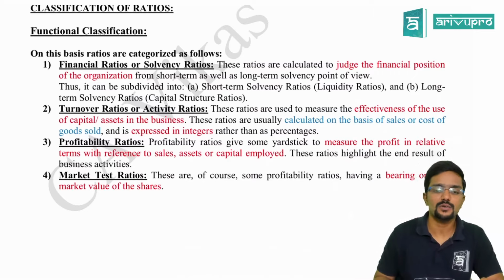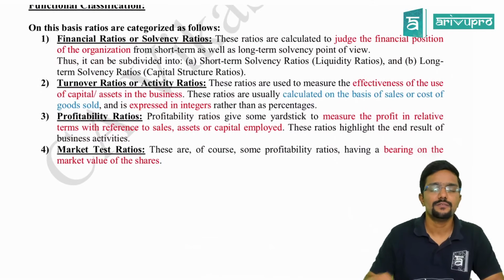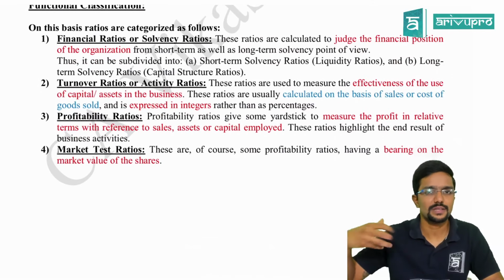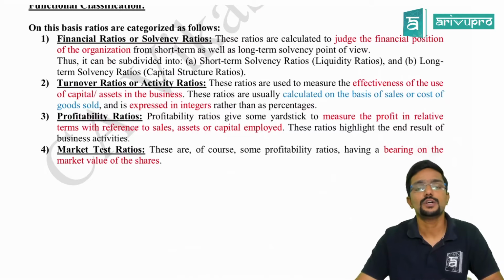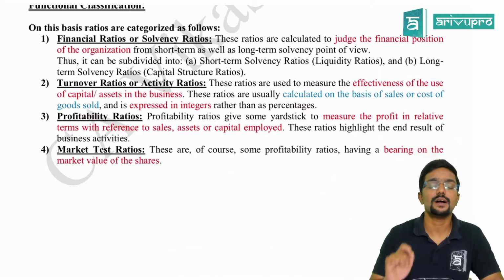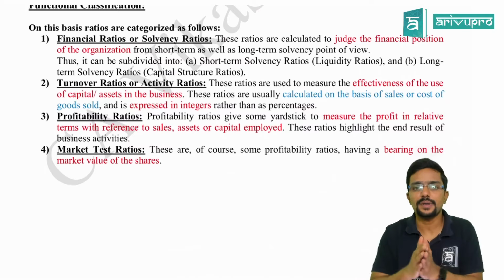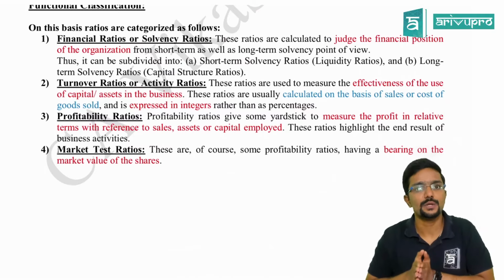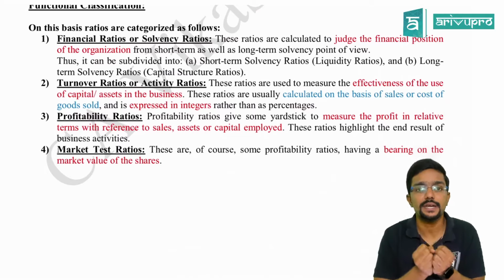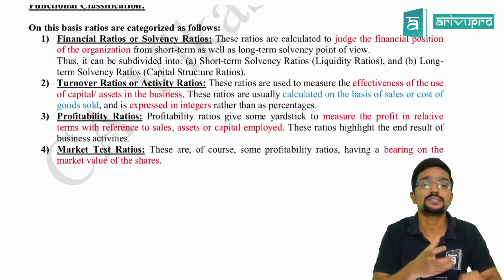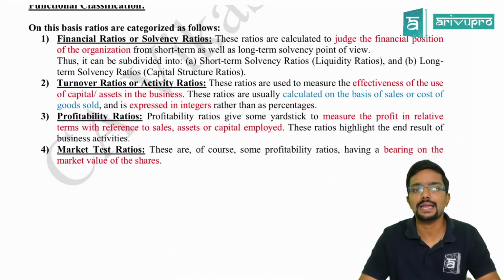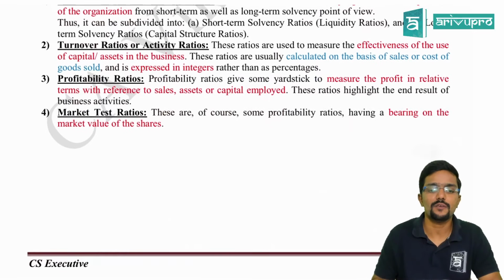Then coming to turnover ratio or activity ratio, here we will compare our turnover, which is nothing but sales, with different figures to know the effectiveness of the capital or assets used in the business, whether they are used effectively to generate sufficient sales. Next, profitability ratio.